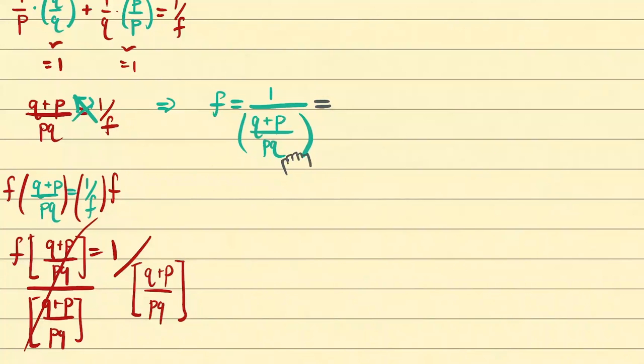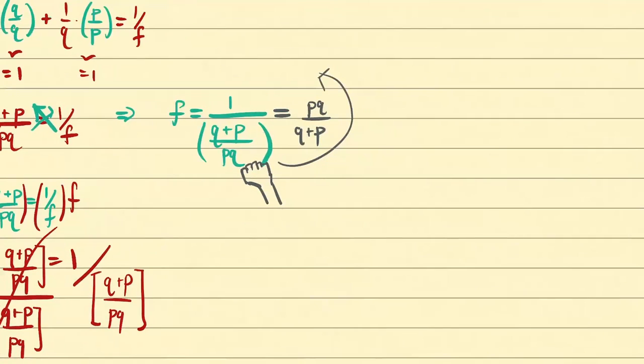There is my beautiful hand. I always imagine I'm grabbing the very bottom of the fraction, then flipping it up to the numerator. That visualization helped me a lot when I was learning this. So then I have p over q, or p times q over q plus p. That's my final answer. So f is p times q over q plus p.